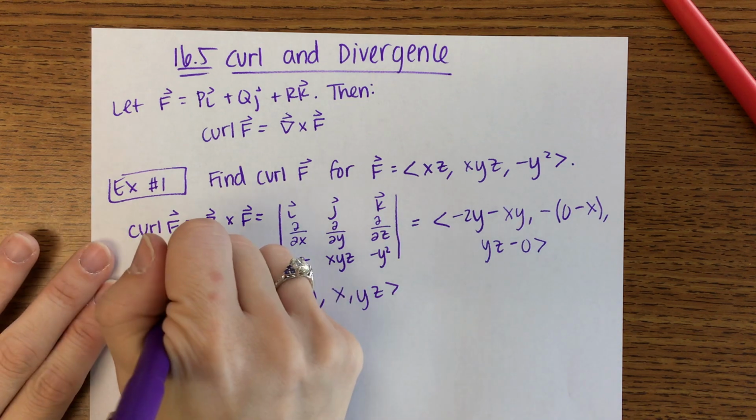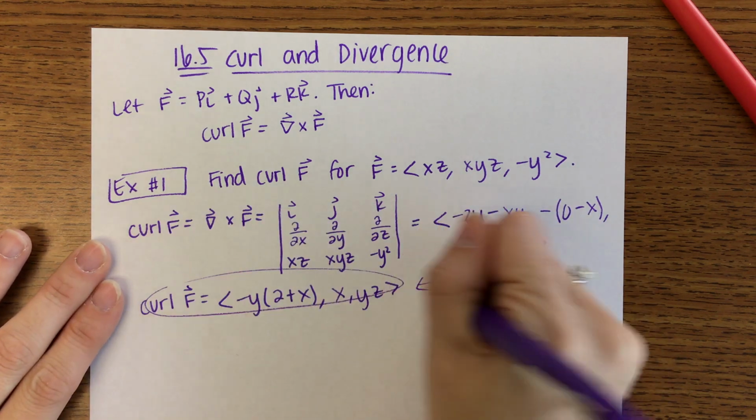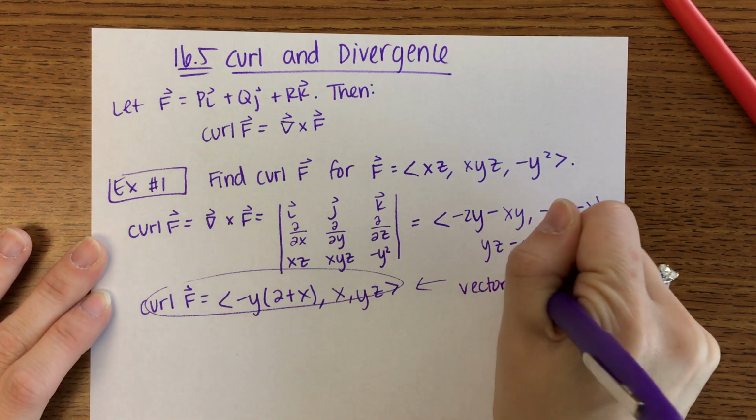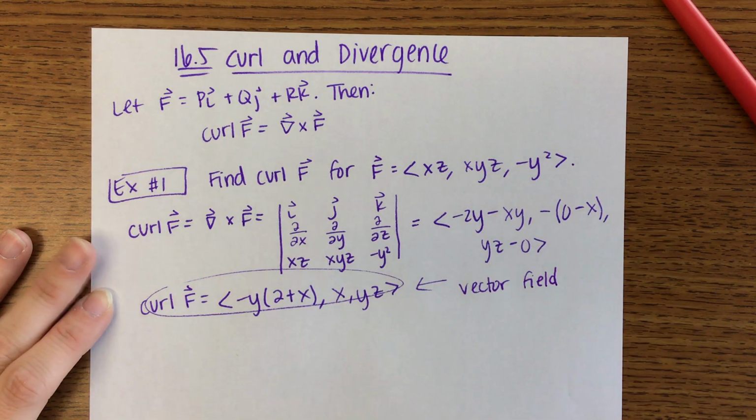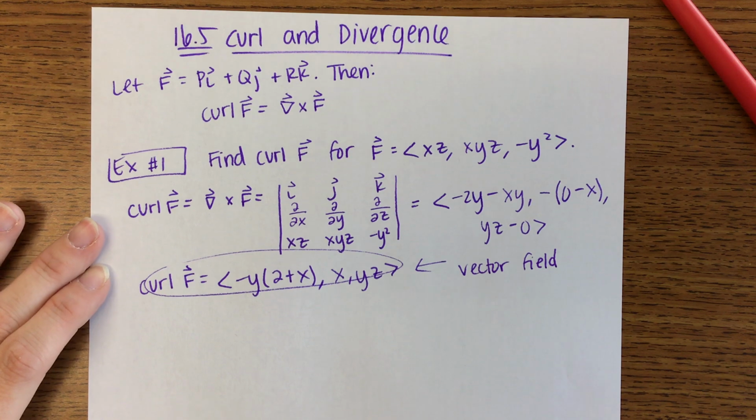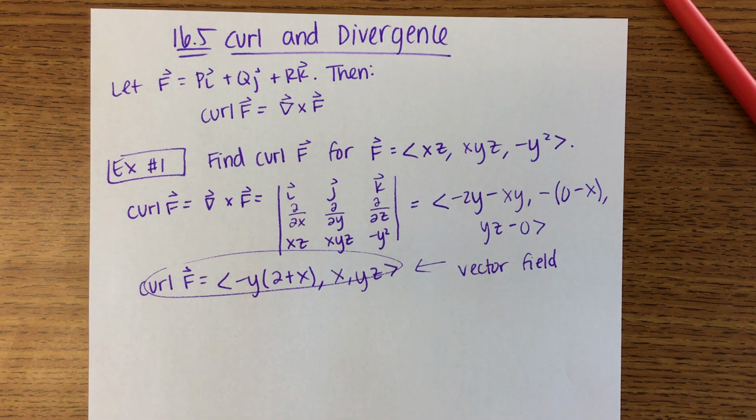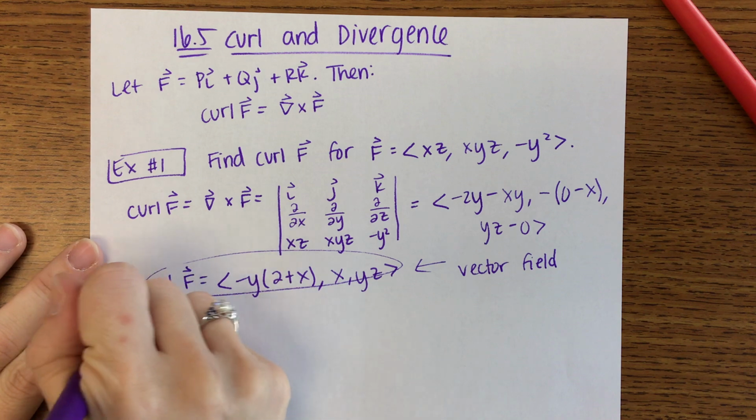And that is our answer. So again, this is a vector field. Do we get the gist of how to calculate curl? Yes? I don't have another example, is that okay?